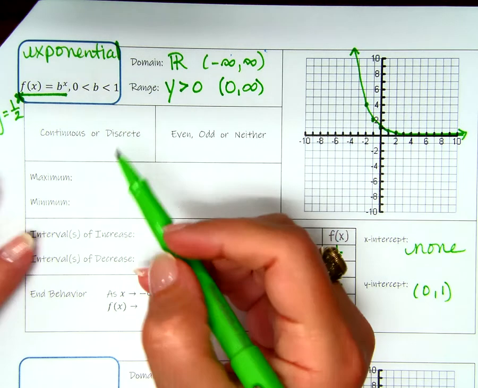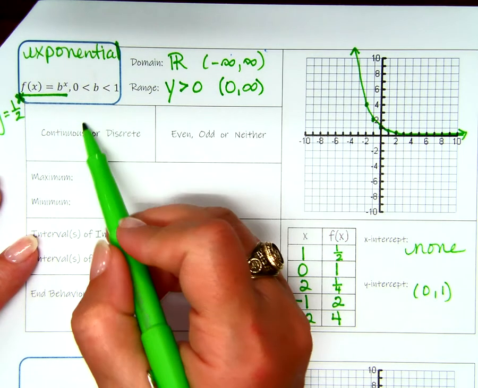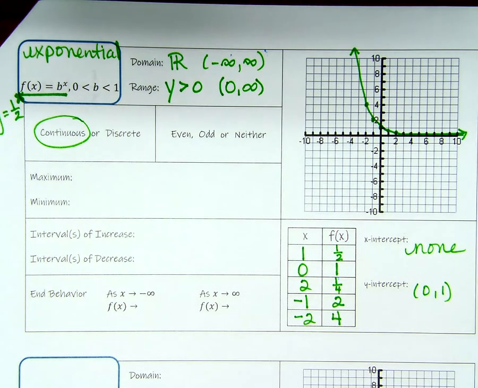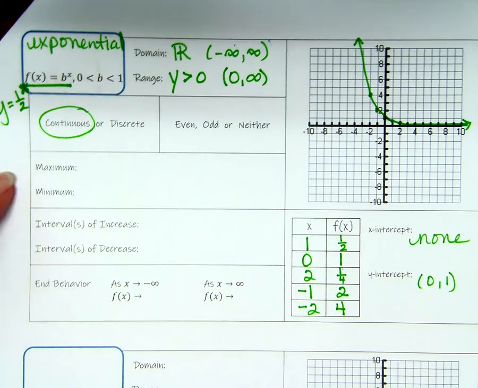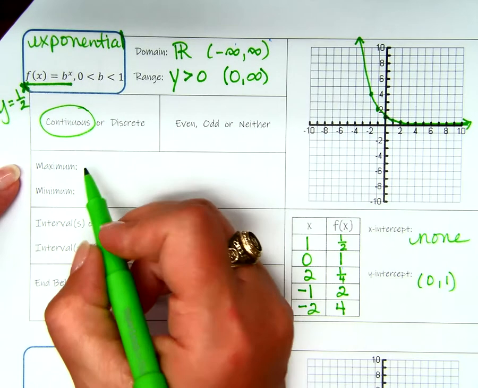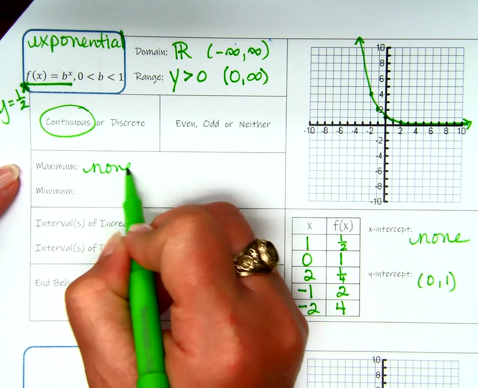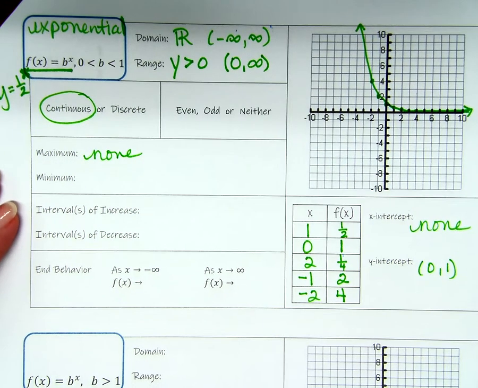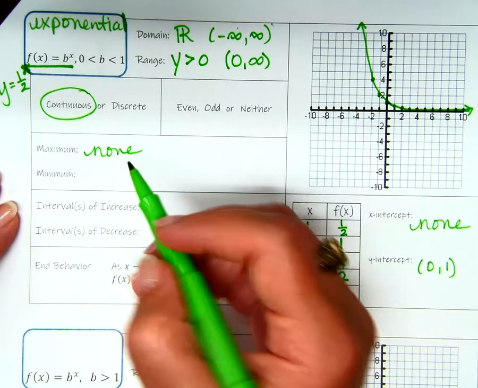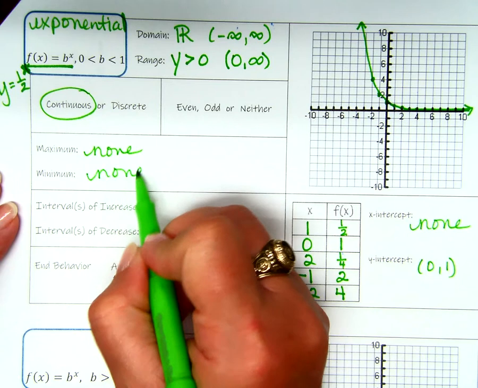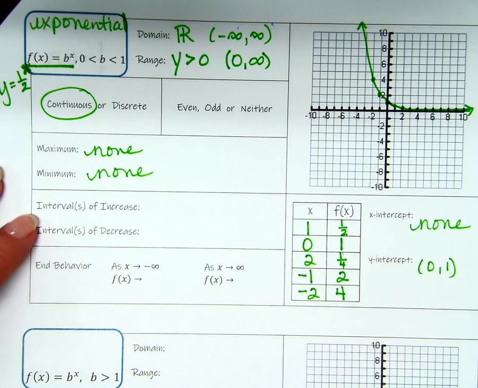Okay. What can I circle? Continuous, because it has no holes or breaks, right? Okay. Minimum and maximum. What's the maximum point? Correct. There's not one. And where's the minimum point? Correct. There's not one. Where is it increasing?